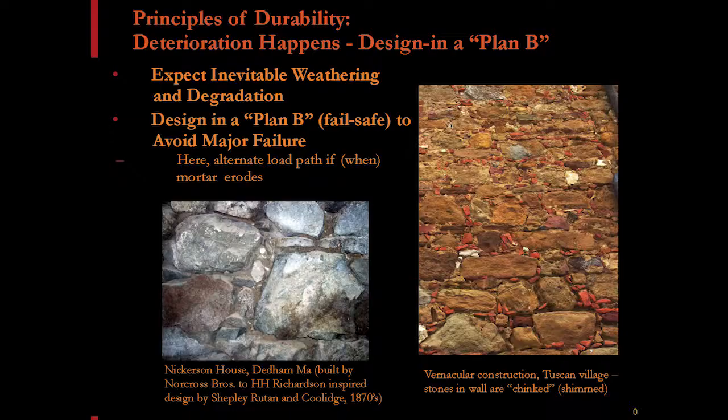You actually see the same thing. I've worked on a bunch of H.H. Richardson buildings, including Trinity Church right over here in Back Bay. This one's from the Nickerson House in Dedham. But in every one of his buildings I've seen the exact same thing. So you see the large stones here, and then these smaller stones, chinking so-called, jammed in between them. And the reason this is really important is mortar is not that durable, particularly in a freeze-thaw environment.